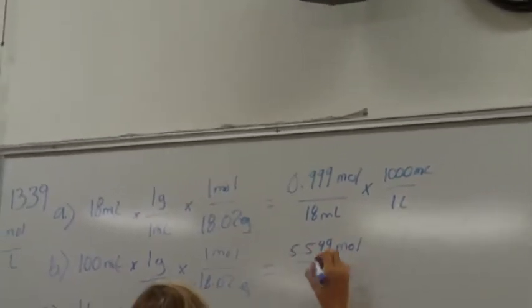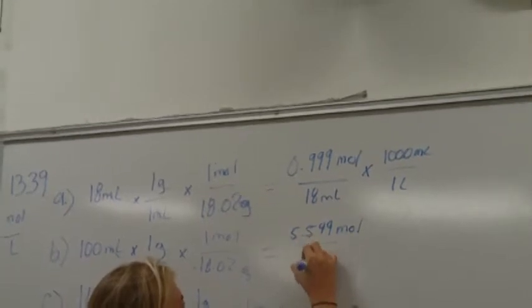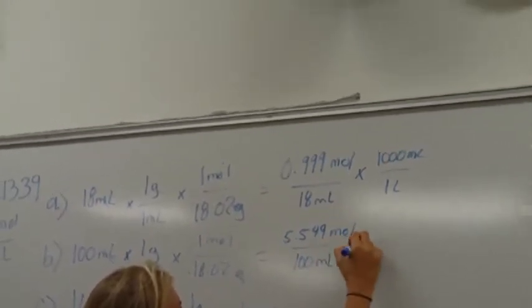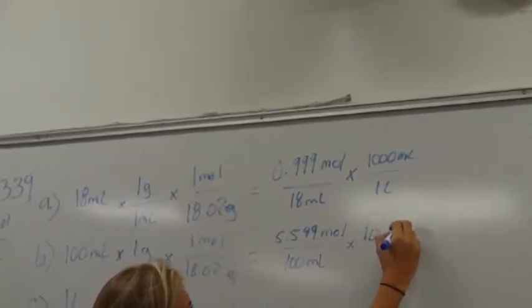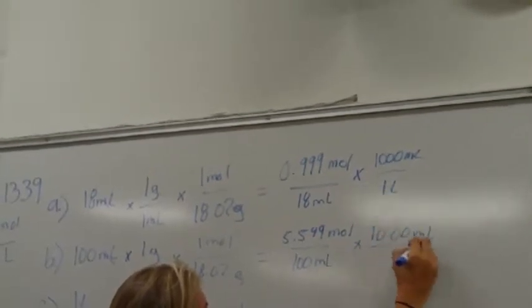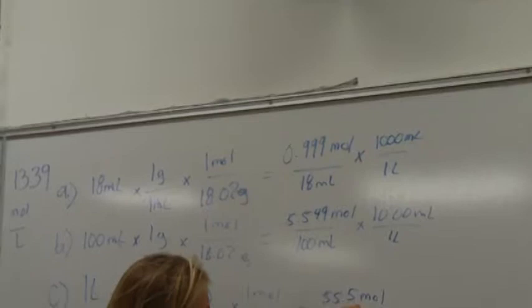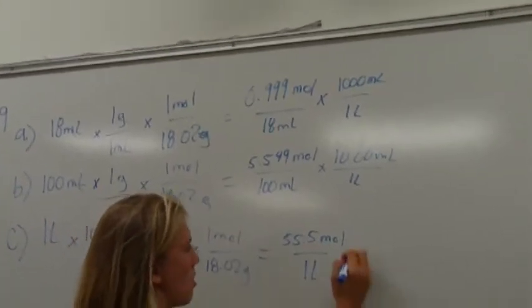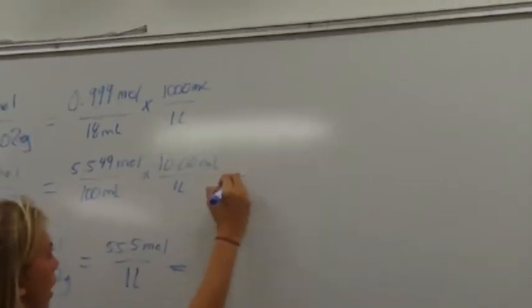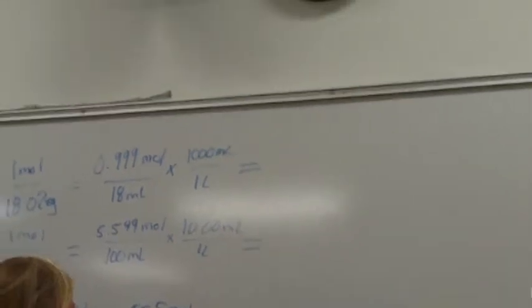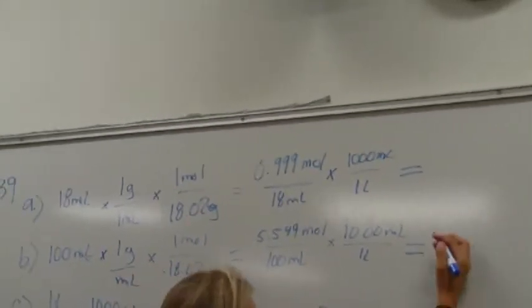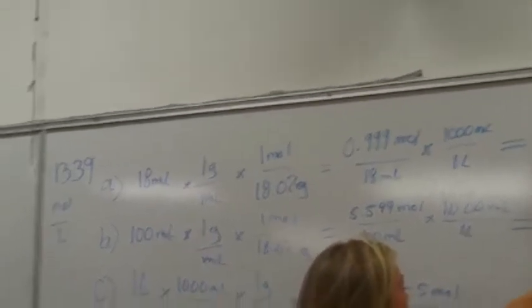Same thing with this one. It was 100 milliliters. We're going to convert it quickly. This one was already in liters, so you don't have to do any conversion. It was 1 liter. And when we multiply those all out, we get around the same number.